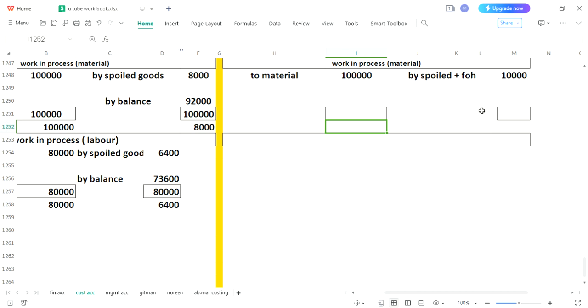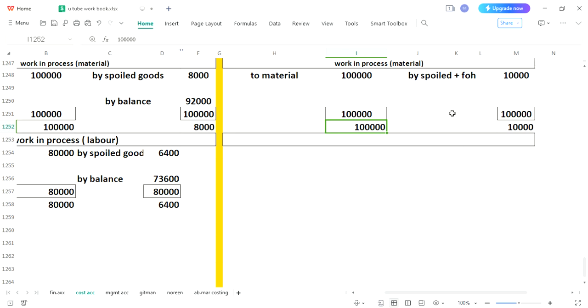Larger sum was 1 lakh, and you will be putting the 1 lakh larger sum on both sides. Debit side we have put, and now we will put the same 1 lakh on credit side as well. Little more space is needed.